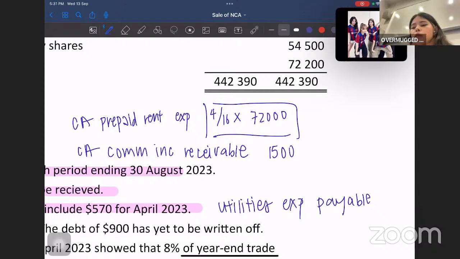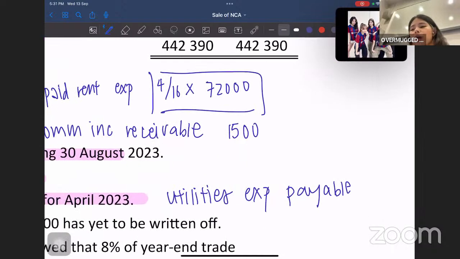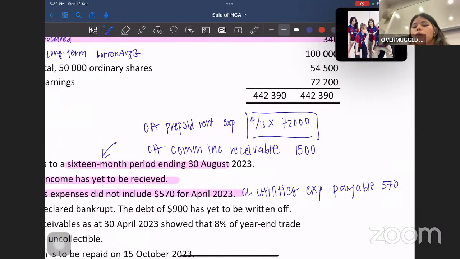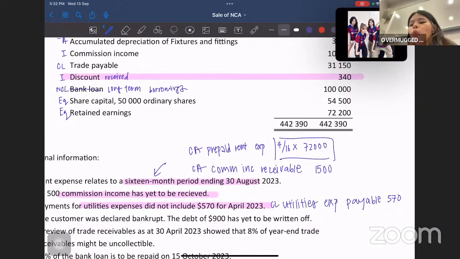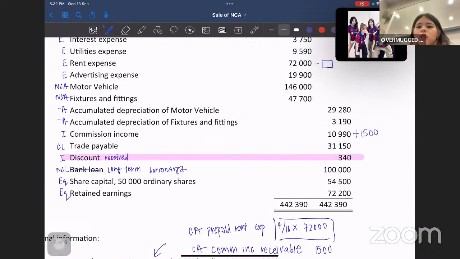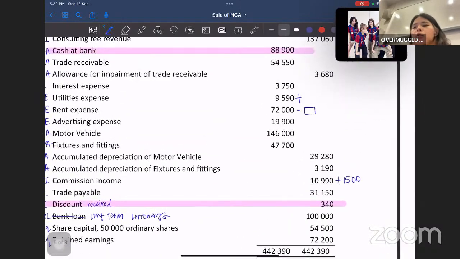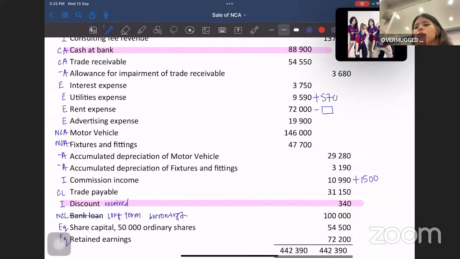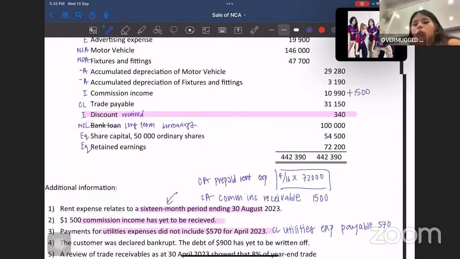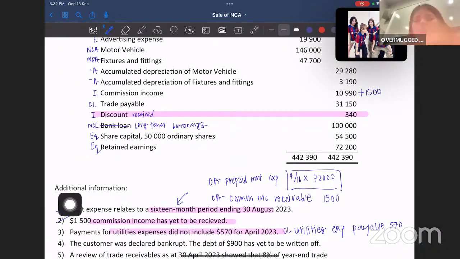So utility expense payable, 570, and this is a CL. I know that this is an owing because payable, right? So I'll go back to utility expense, and then I will plus because O plus P minus. So I'll plus 570. Okay, so we are done for the first three.